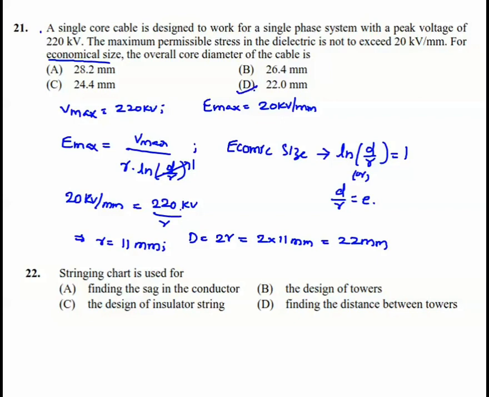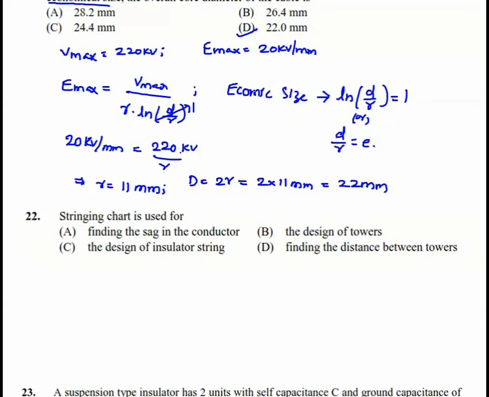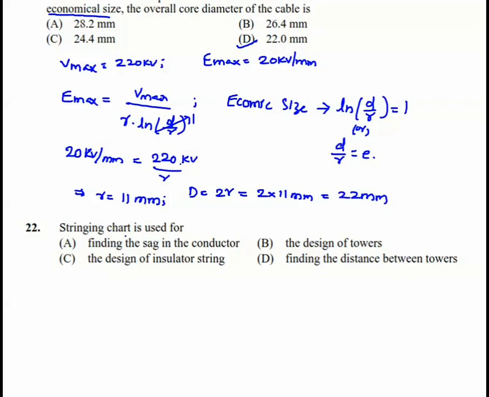And the last question for this session is, the stringing chart is used for? Normally the stringing chart is used for finding the sag in the conductors. The stringing chart is drawn like this. Here on the x-axis we take temperature, and on the y-axis we have tension and sag.